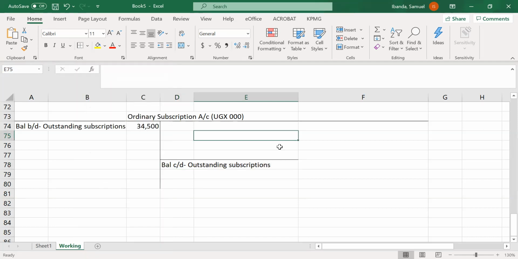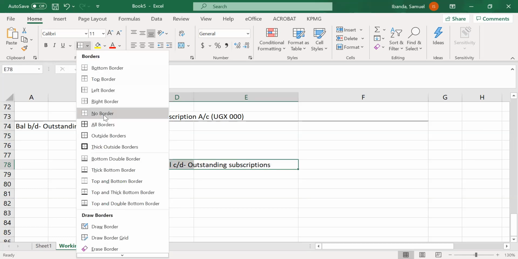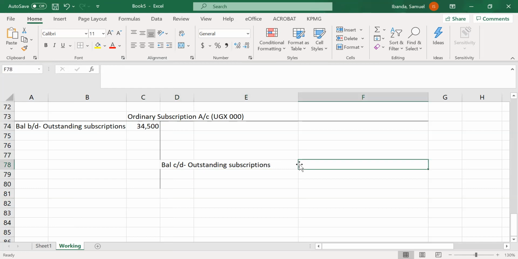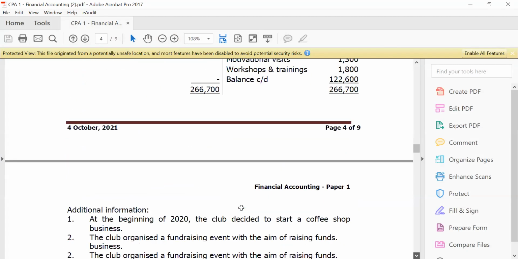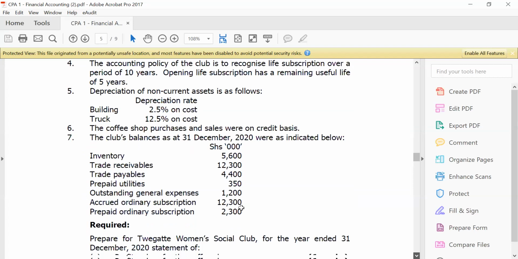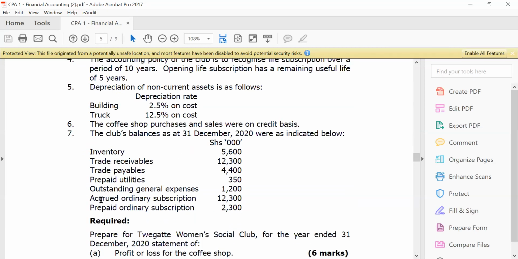Okay. So what is my balance for this subscription? My balance carried down. Where do I get that information? I get it from my balances that have been given. Down here, I have balance for outstanding subscriptions.